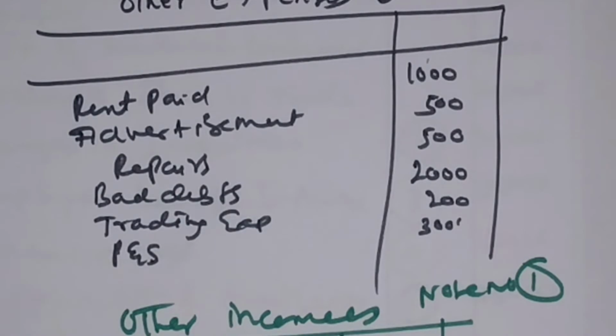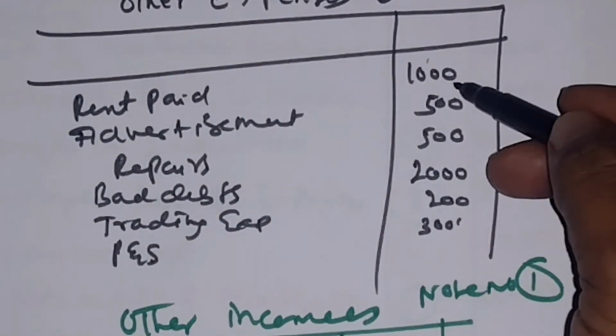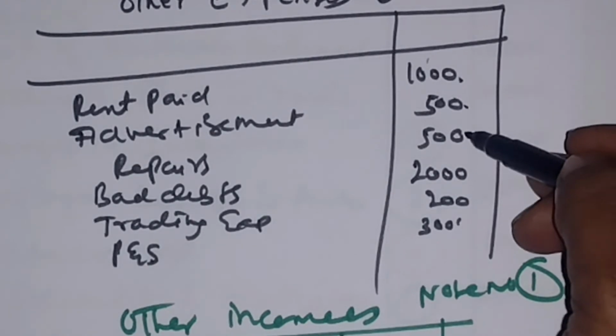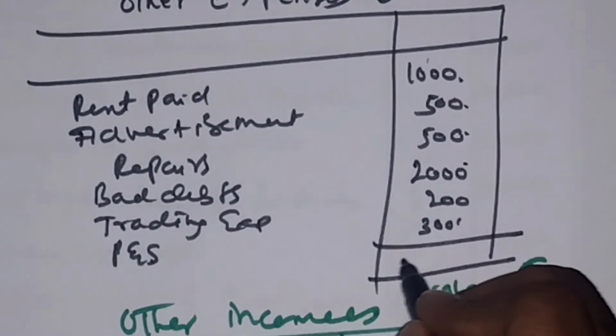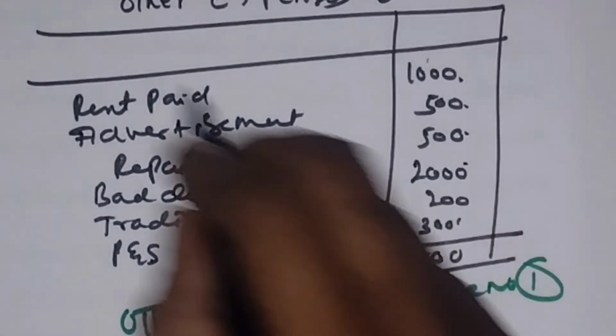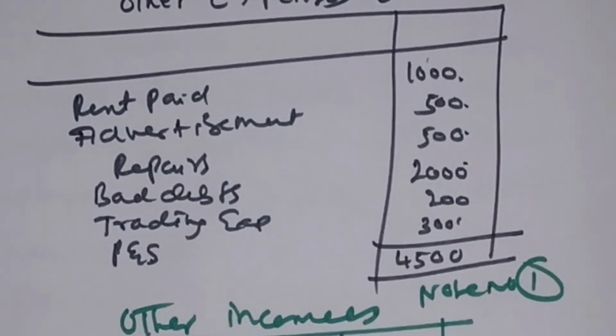Like that, n number of expenses will appear in other expenses. Total we have got 1,000, 1,500, 2,000, 4,000 and overall 4,500. So other expenses total, note number 6.